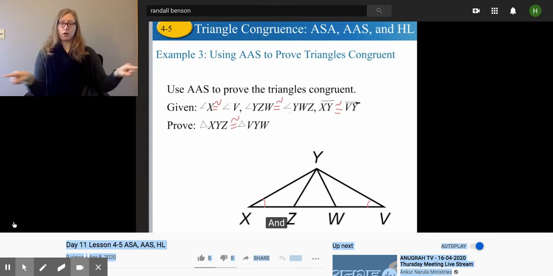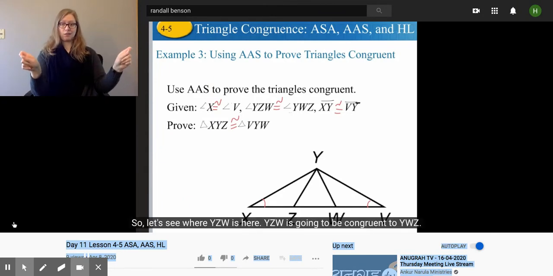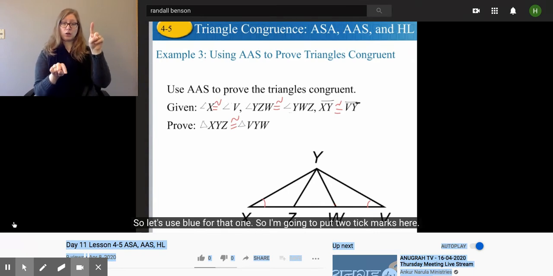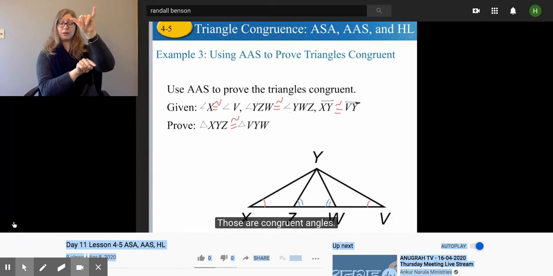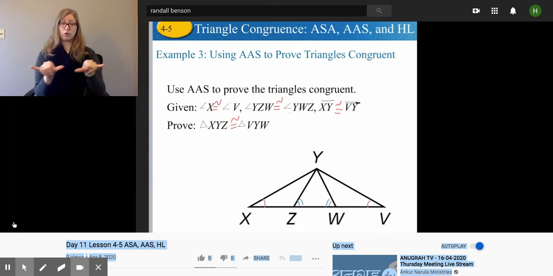So I've got that marked on my diagram. And angle YZW, so let's see where YZW is. Here's YZW is going to be congruent to YWZ. So let's use blue for that one. So I'm going to put 2 tick marks here. Those are congruent angles.